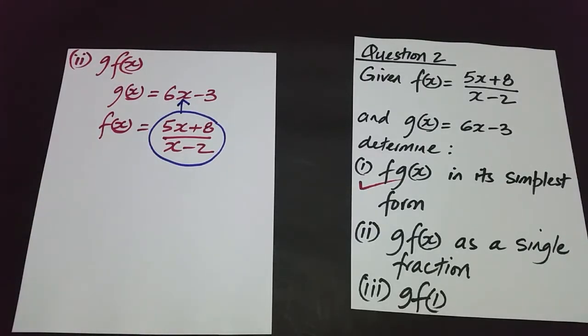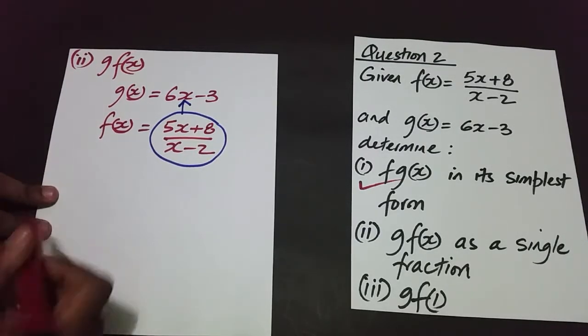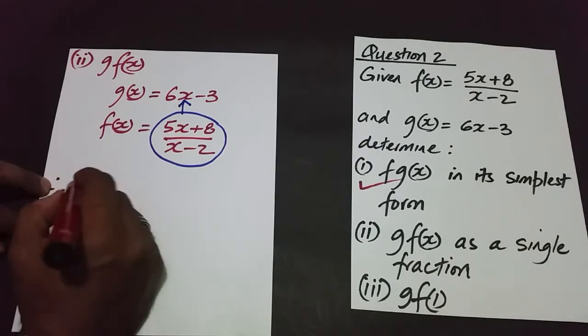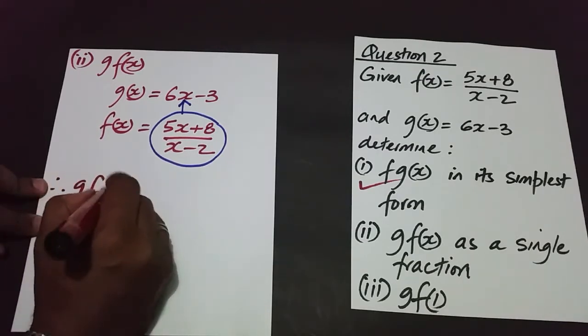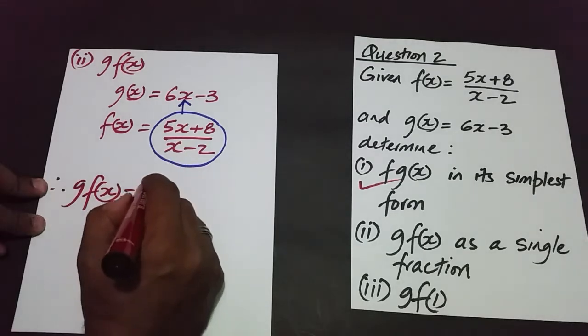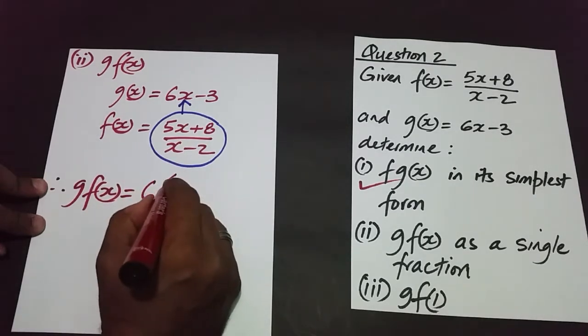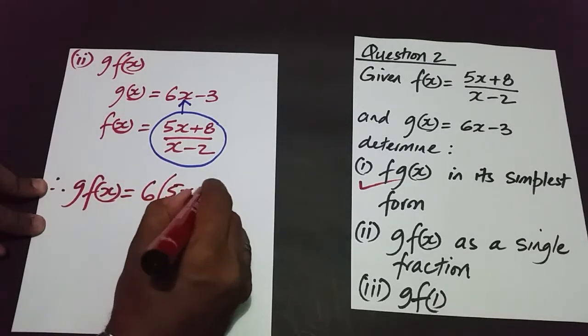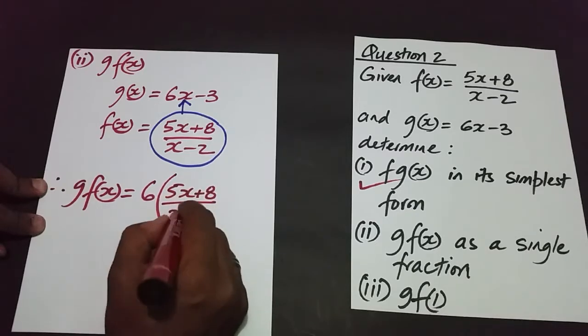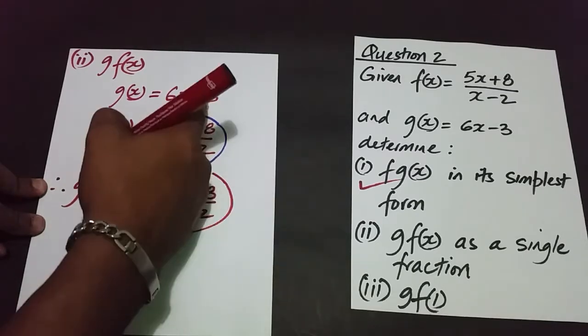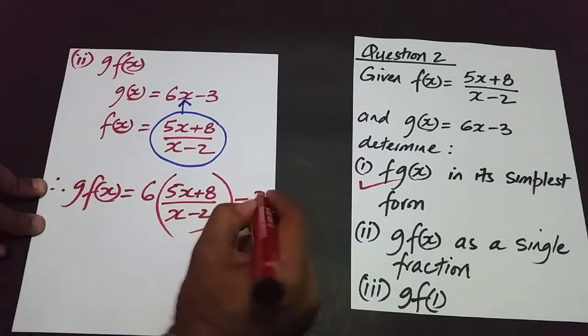So we're replacing x with that massive function, which is a fraction. So therefore, g of f of x is simply going to be equal to 6, open bracket, 5x plus 8 divided by x minus 2, close bracket, and then we put back the minus 3.